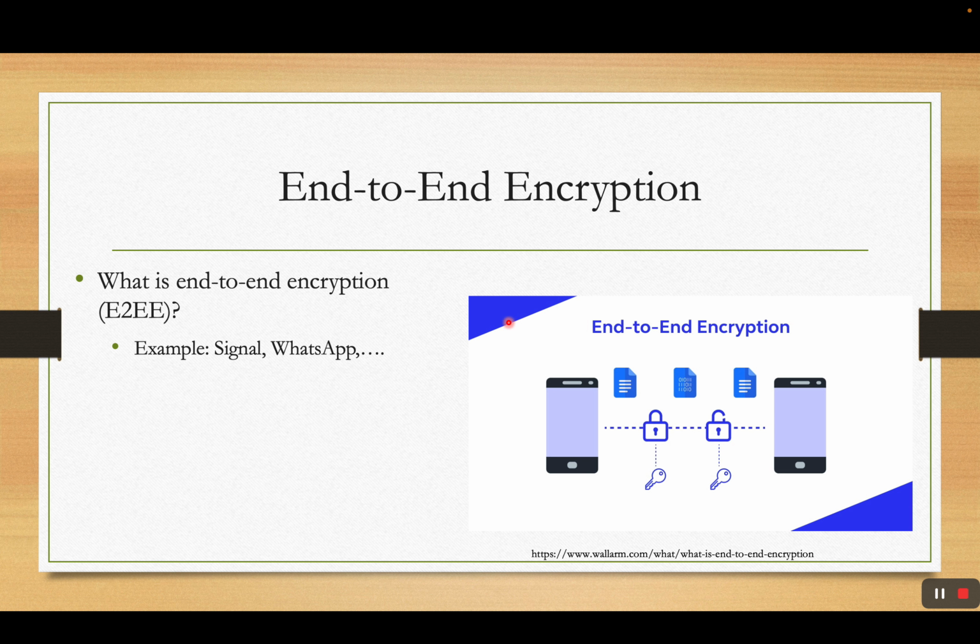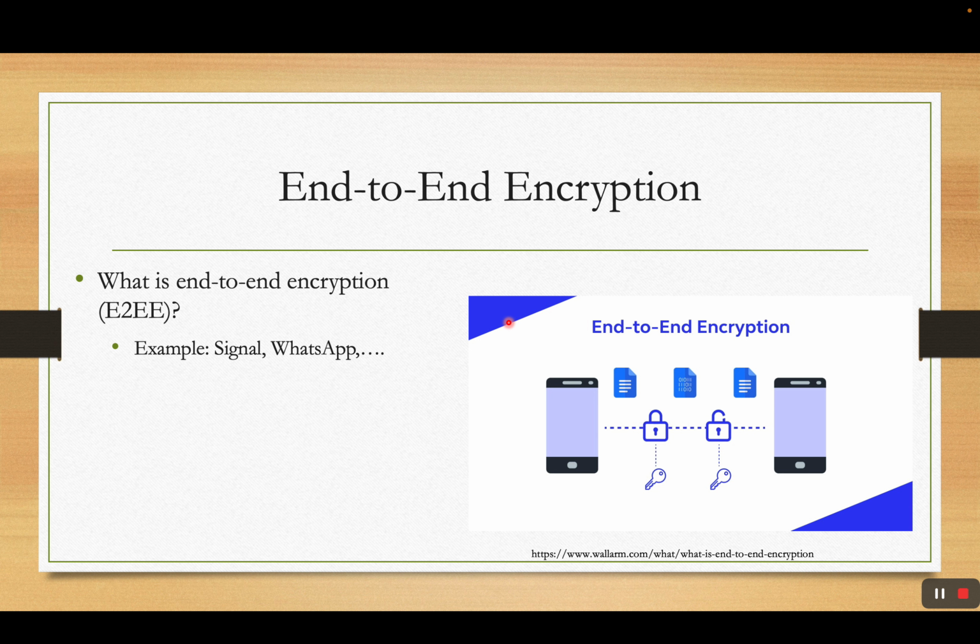Now, end-to-end encryption is a secure communication method that ensures that only the sender and intended recipient can read the messages sent between them. In end-to-end encryption, the content of the message is encrypted on the sender's device and it stays encrypted as it travels across the internet or any other communication channel until it reaches the intended recipient's device.